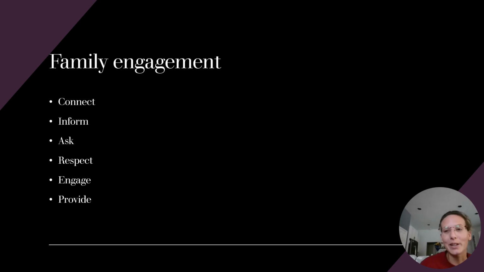Our next big topic, like I said, this is going to be our nurture segment, family engagement. We would like to connect with the families, inform, ask, respect, engage, and provide. I had some notes on this, connecting with the families, using a translator if needed, informing the families using layman's terms, simple terms to describe the education process and what ESOL does for their student and what we can do for their student.